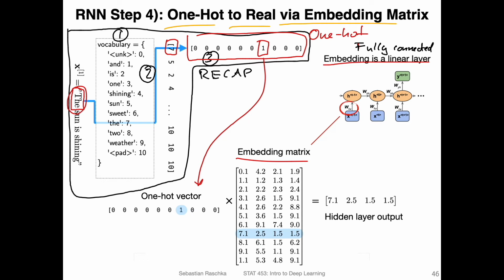Okay, so here at the bottom, I'm now showing you how we go from this one hot vector into this embedded vector. So this is the hidden layer output, or we can also call it the embedded vector or word, or we can also call it the embedding.